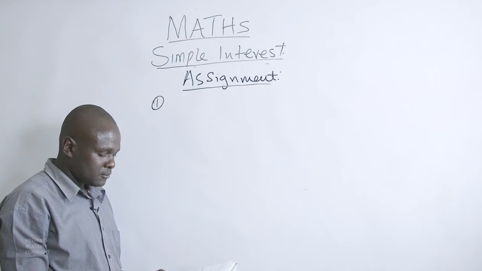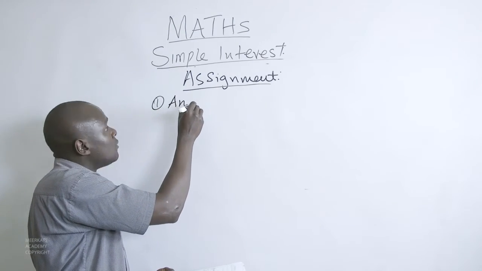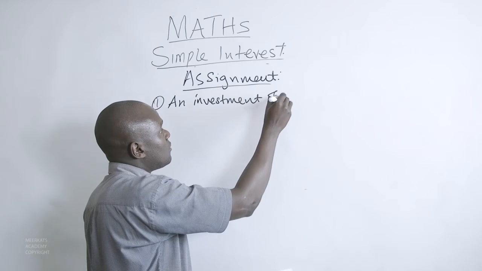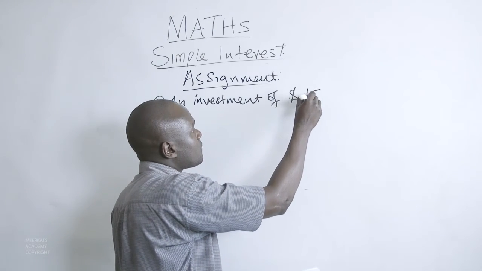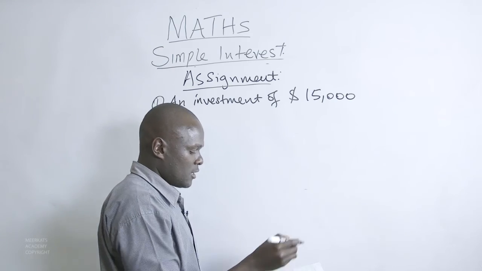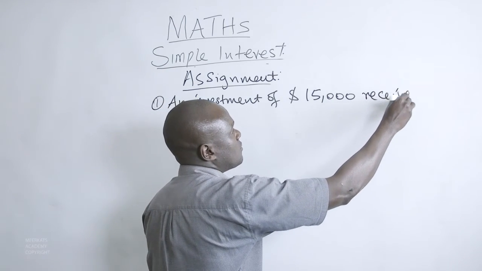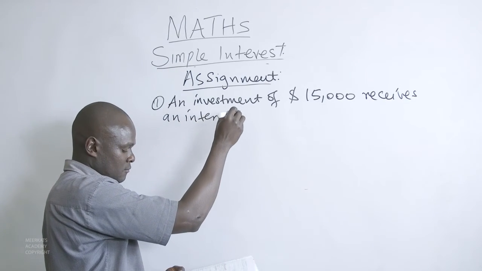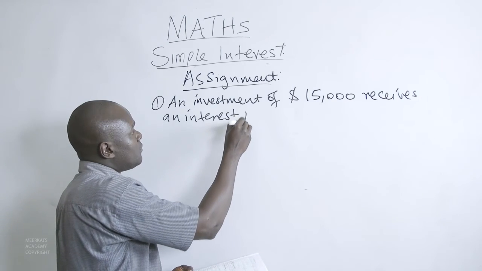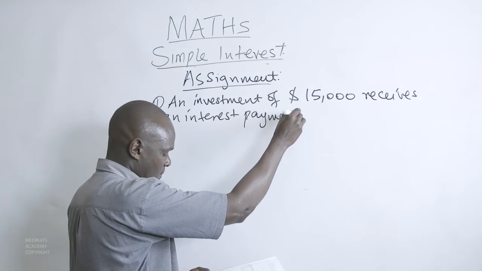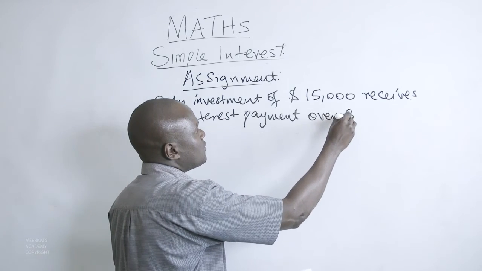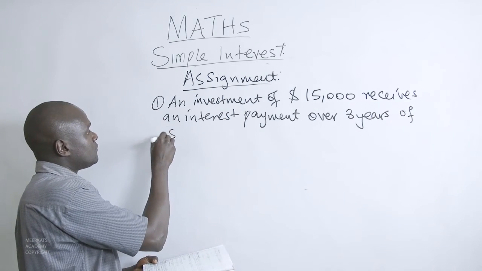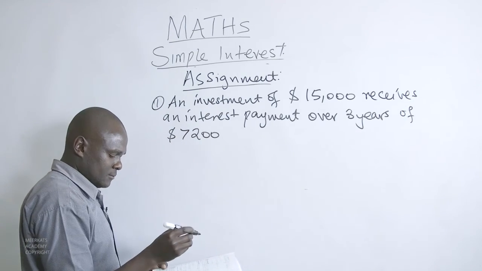The first question: an investment of $15,000 receives an interest payment over 3 years of $7,200.